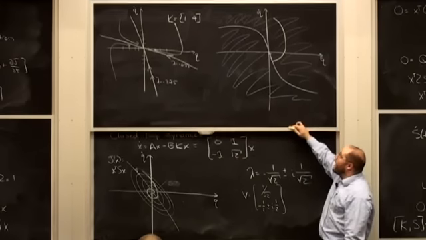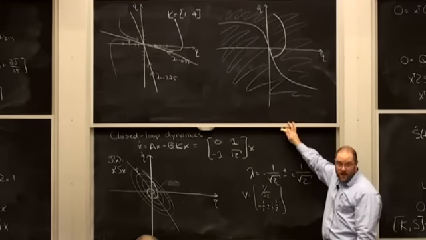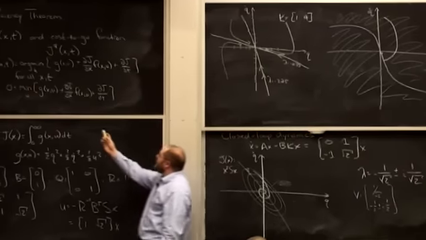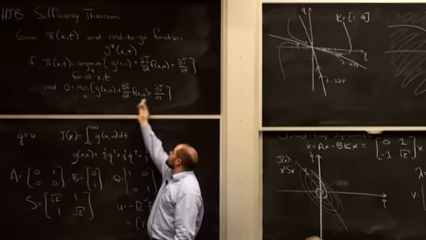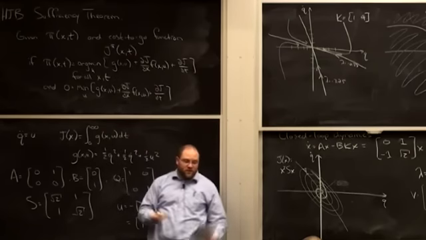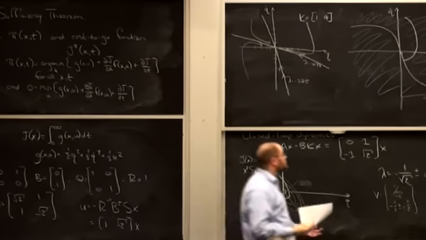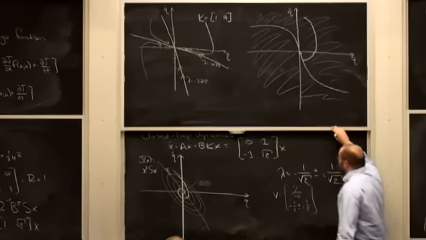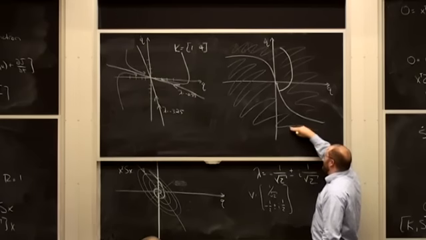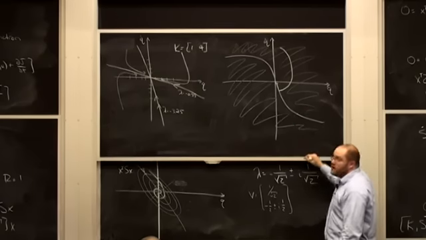How did Pontryagin get around that? The sufficiency theorem is looking at roughly the entire state space. It's looking at variations in the cost-to-go function as I move in x and in time.